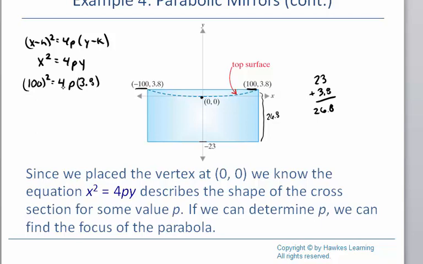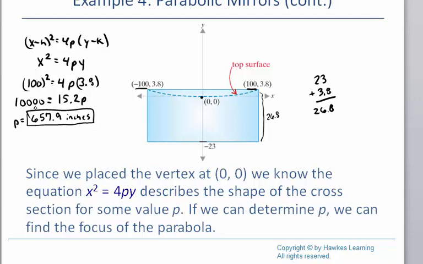So I'm going to multiply the 4 times the 3.8. That's going to give me 15.2. And 100 squared is going to be 10,000. Then I'm going to divide both sides by 15.2. So that would tell me that p is going to be 657.9 inches. And that is going to be my p value.